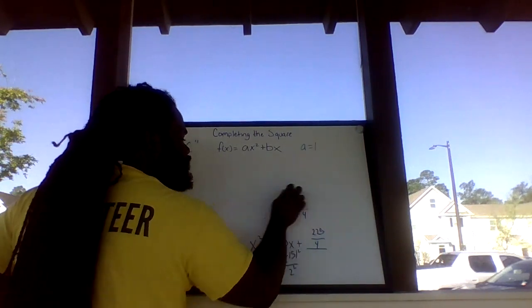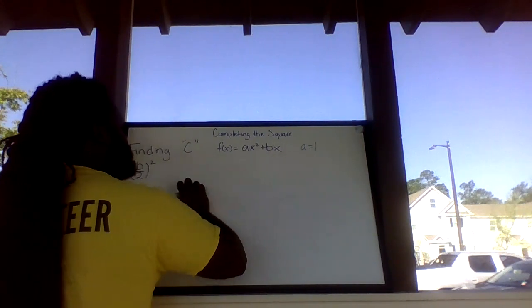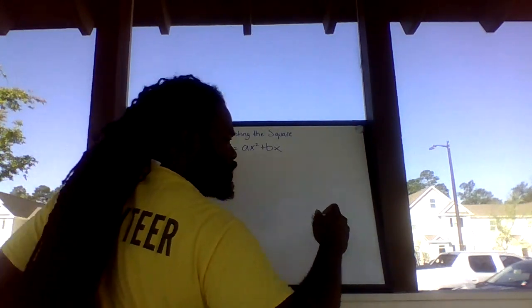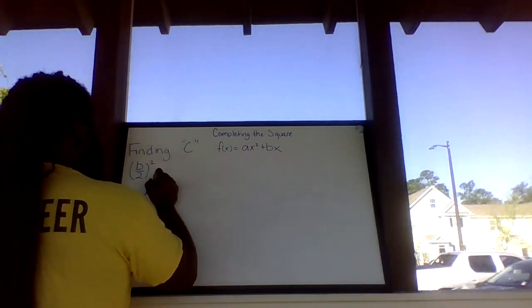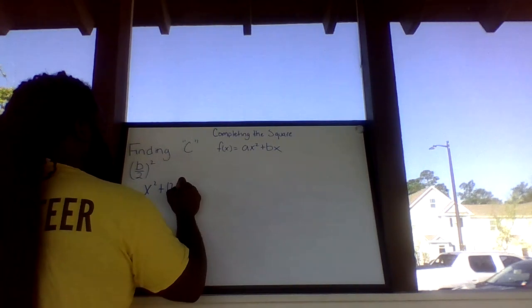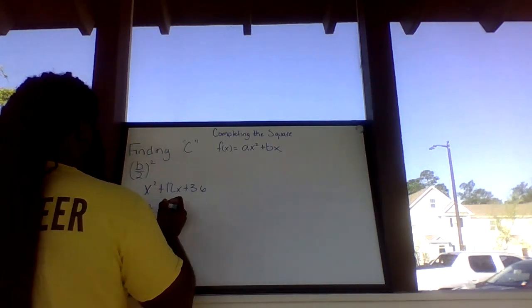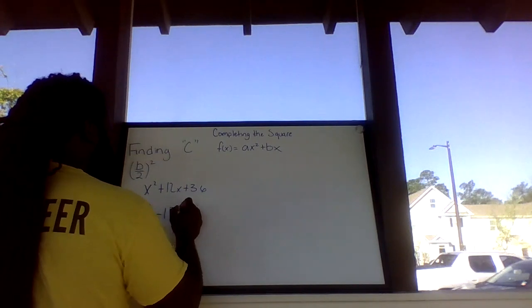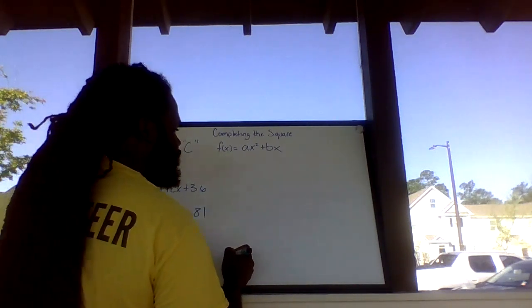All right. So now we want to be able to write those things in factored form. What we had originally here, we had x squared plus 12x plus 36. The next one we had was x squared minus 18x plus 81.